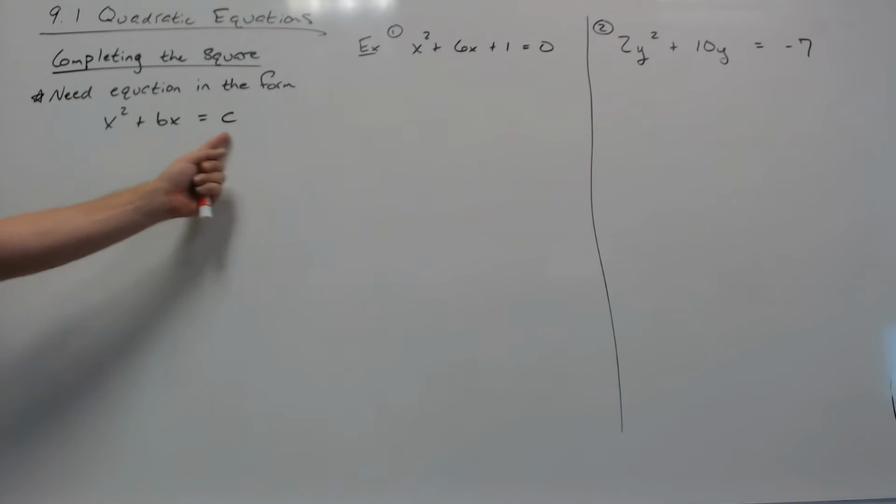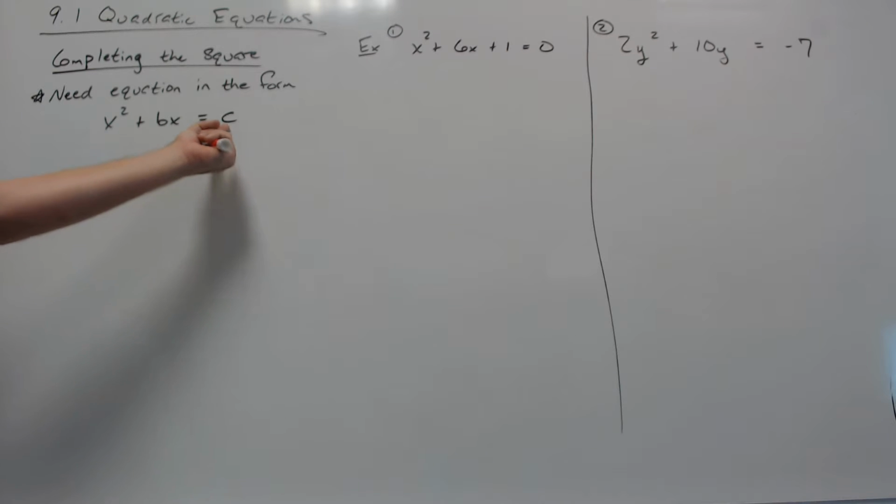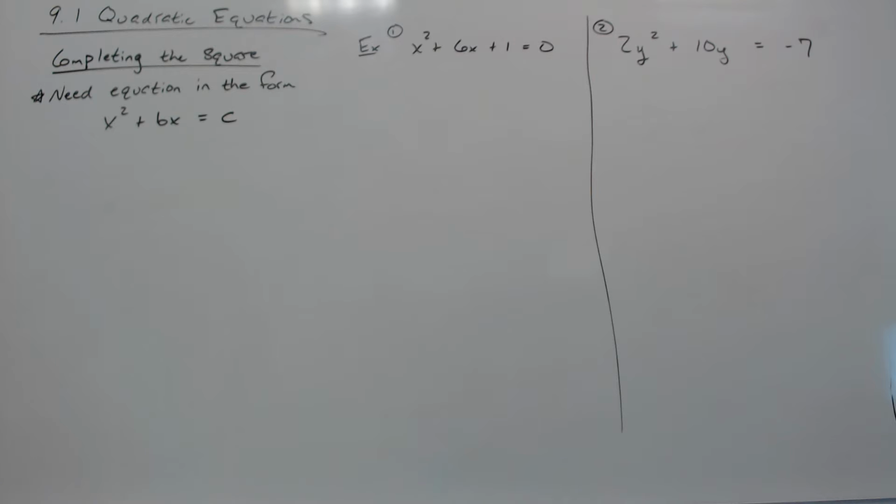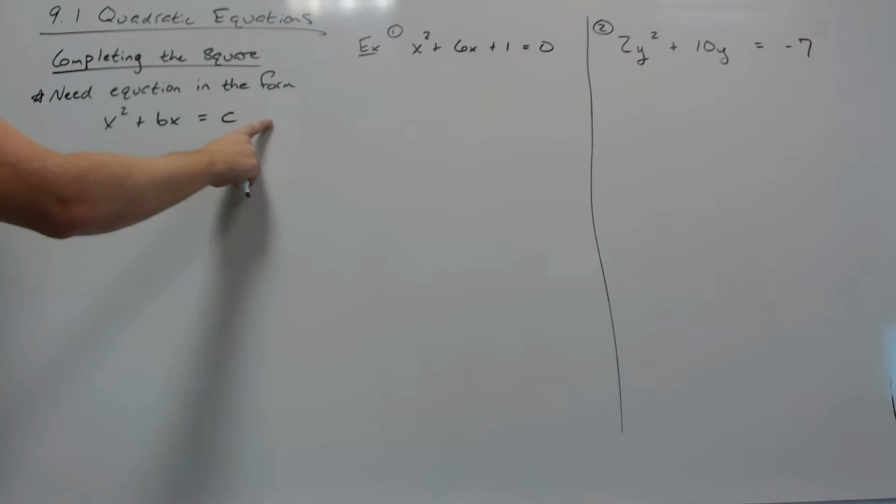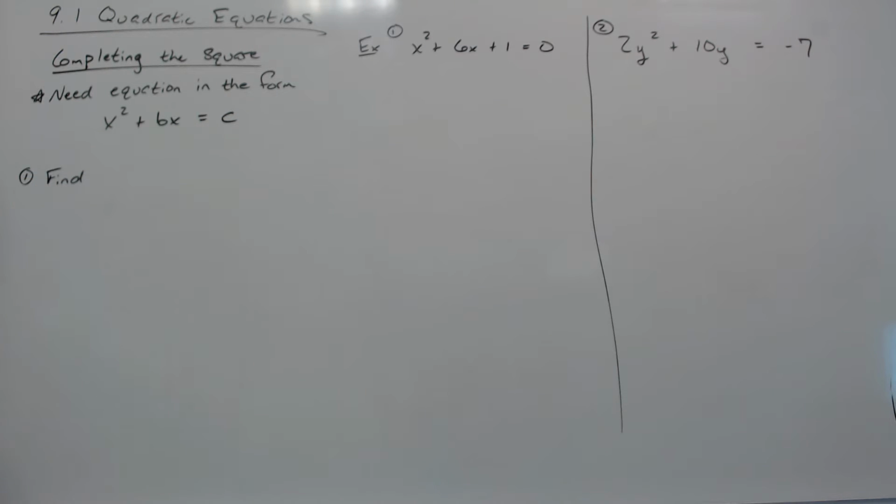All right, once it's in this form, and notice it's not equal to 0 as well, we're going to put our constant term on the right side of the equation. Once it's in this form, we're going to be adding something to both sides of the equation, and we just have to find the value that's going to work the best for us.